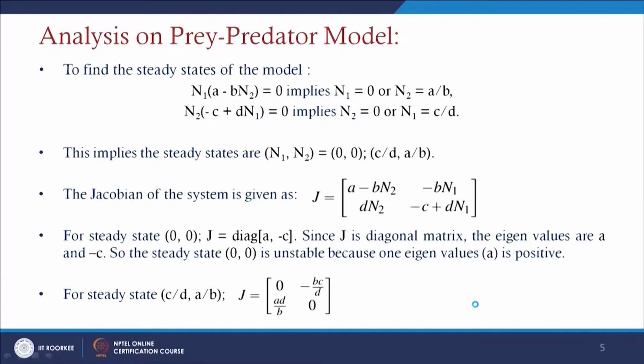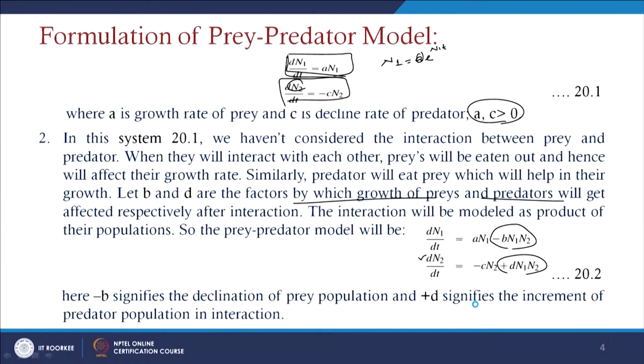To find the steady states of this model, we set dn1 by dt equals 0 and dn2 by dt equals 0. Then, taking n1 common, we have n1 into (a minus b n2) equals 0, and similarly taking n2 common, we can write (minus c plus d n1) equals 0. Obviously, either n1 equals 0 or a minus b n2 equals 0, which gives n2 equals a by b.